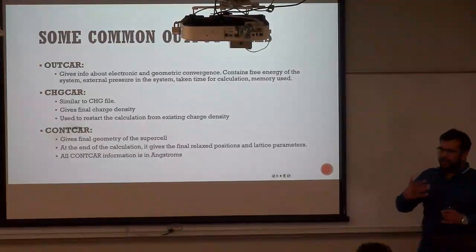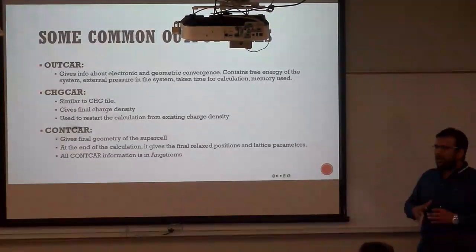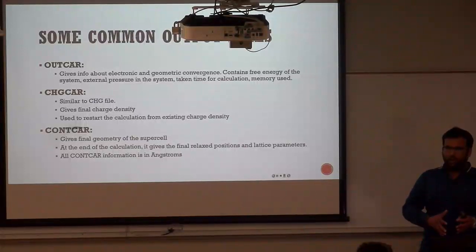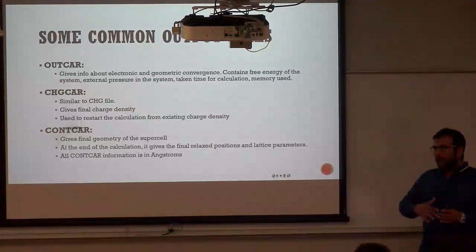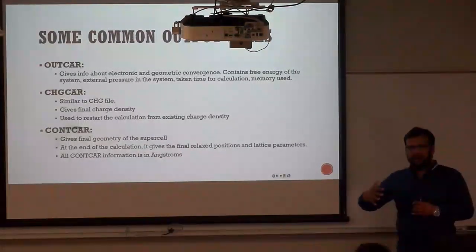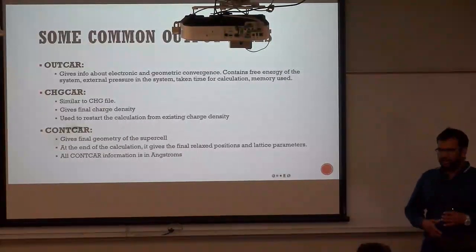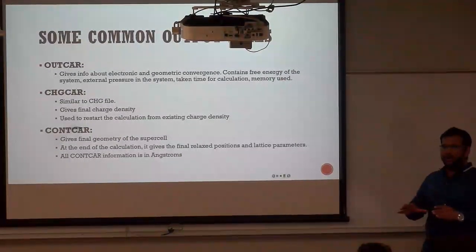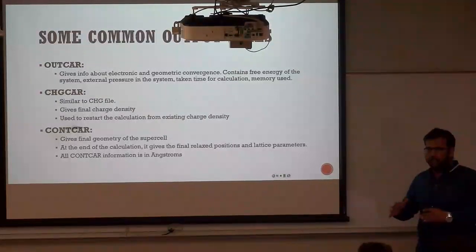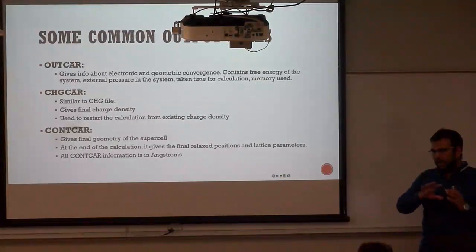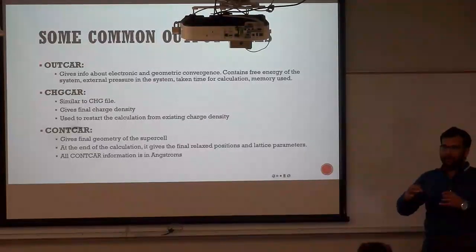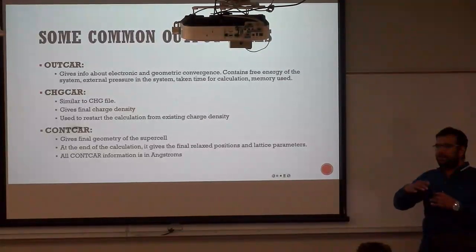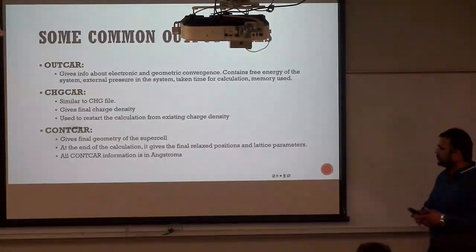After every iteration, the positions will change, and the new positions will be saved in the CONTCAR file. Suppose you are using 500 iterations. The CONTCAR file of one specific calculation will keep all the atomic positions, the geometric positions of the final step of the iteration.